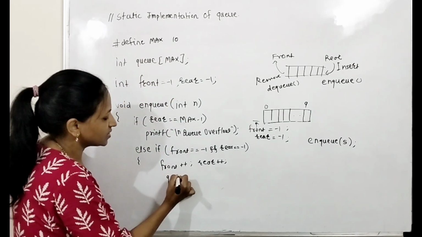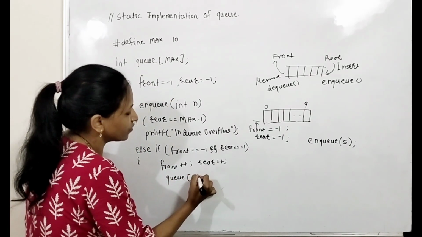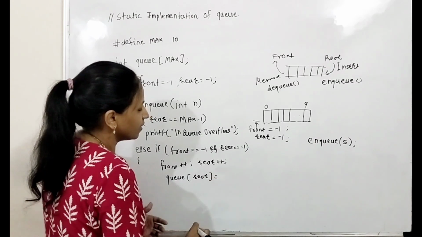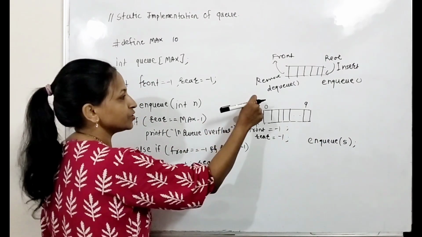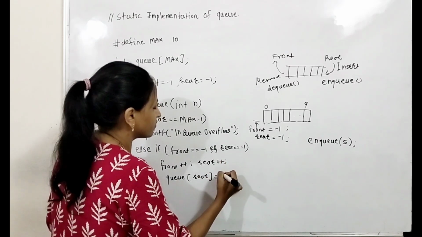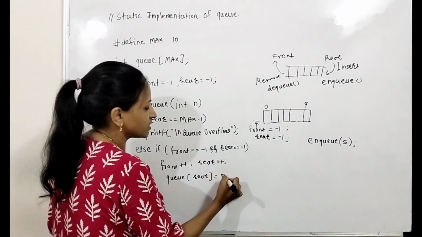That's why we write Q of rear. You can write front or rear, both are the same, because now both are pointing to the 0th index. Q of rear is equal to the element passed.